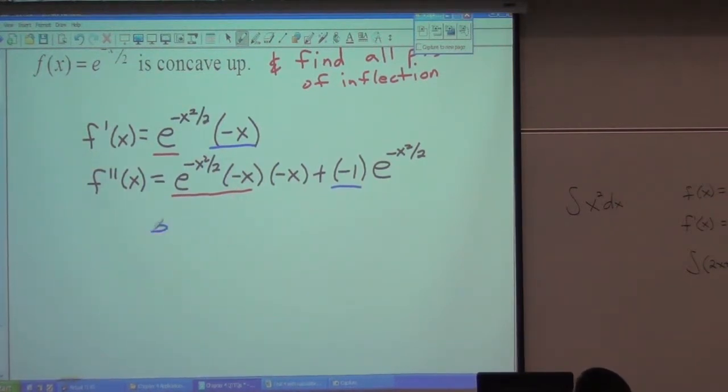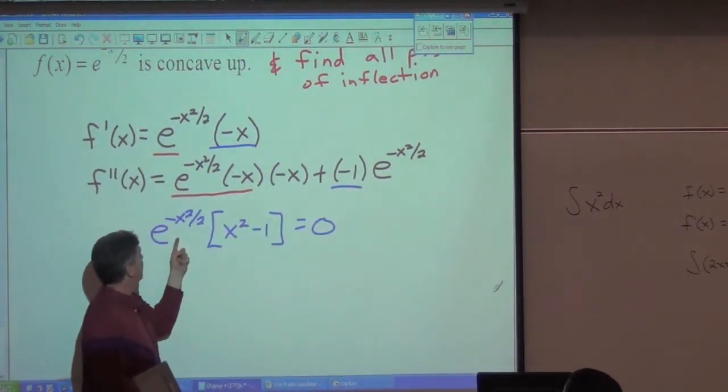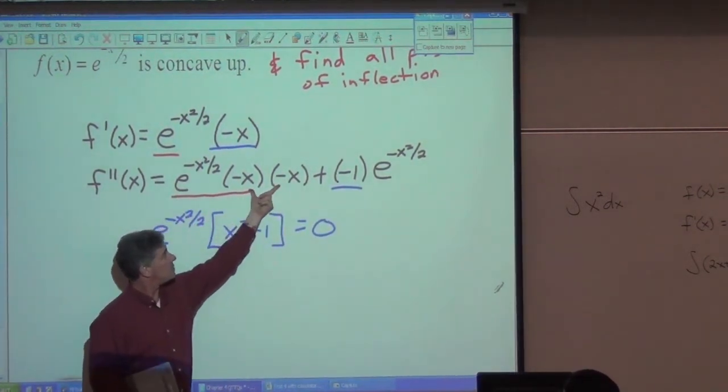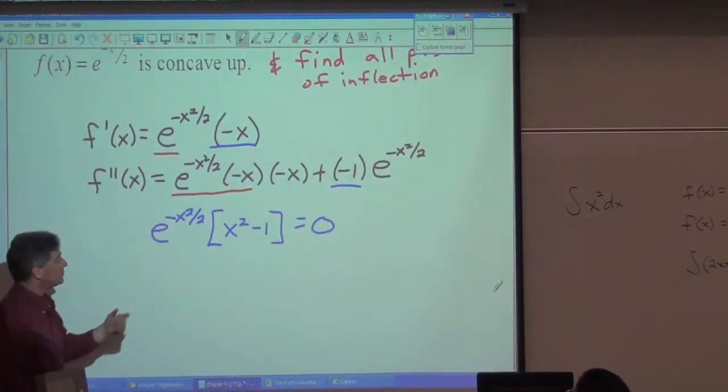So I'm going to factor an e to the negative x squared over 2 out of both of these terms. And then here I'll be left with negative x times negative x, which is x squared. And over here I'm left with negative 1. All I've done there is factor this out of both terms: I take it out of here, I'm left with this times this, which is x squared. Take it out of here, I'm left with minus 1.